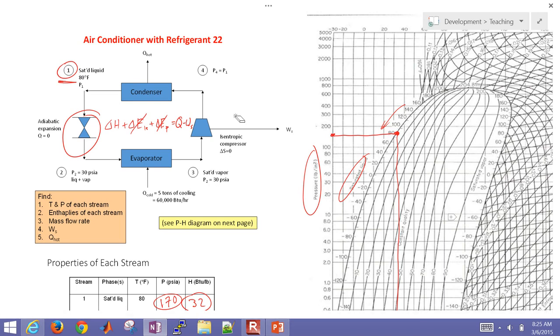So for this adiabatic expansion, we know that Q equals 0. And we also know there's no moving parts there either, so Q and WS are going to be 0. So for this one, delta H is going to equal 0. Across the evaporator, again, no moving parts there, WS equals 0, so we just have delta H equals Q cold.